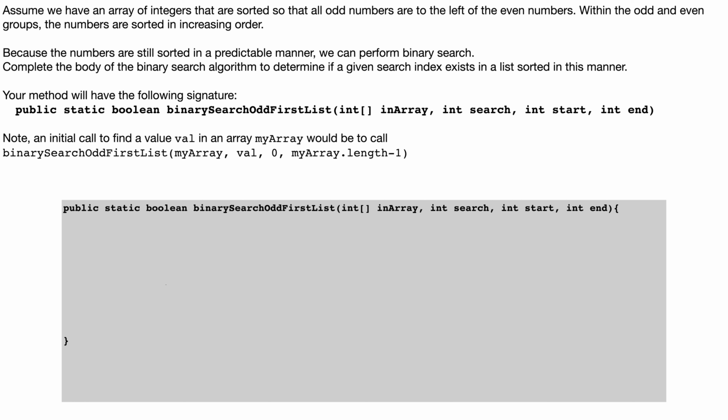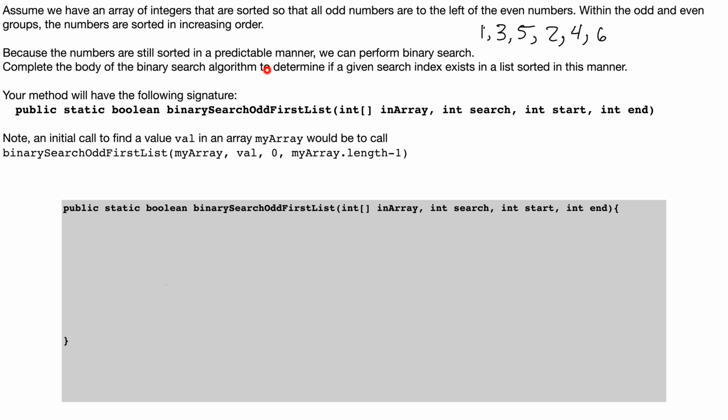So an example of this could be 1, 3, 5, 2, 4, 6, right? So here, we're going to call this quote-unquote sorted, right? All of the odd numbers are to the left of all of the even numbers, and within the odds and the evens, they're in increasing order.